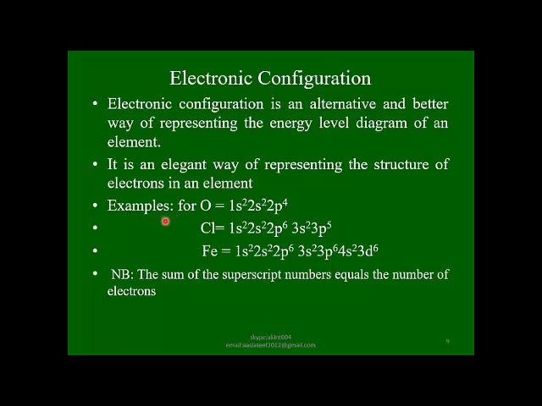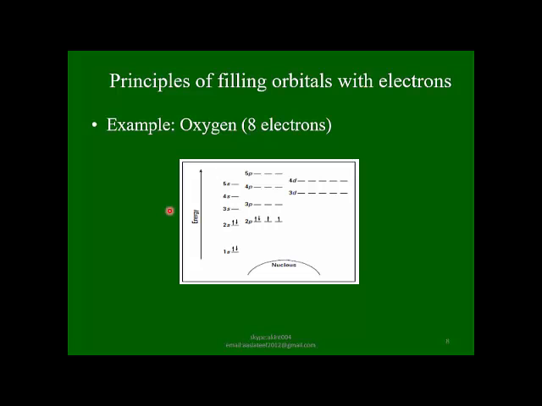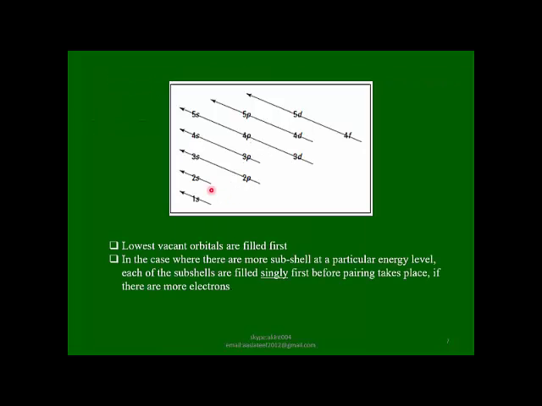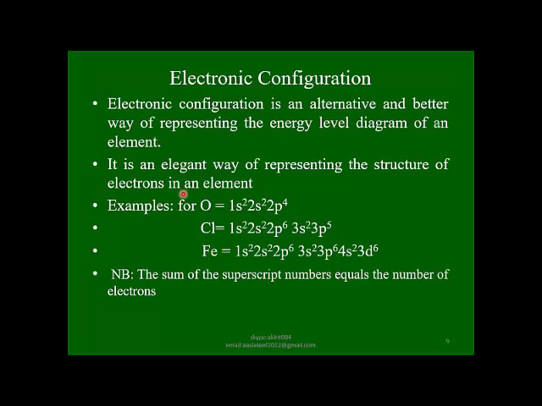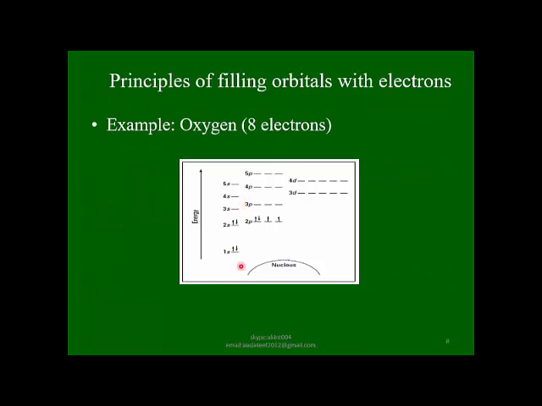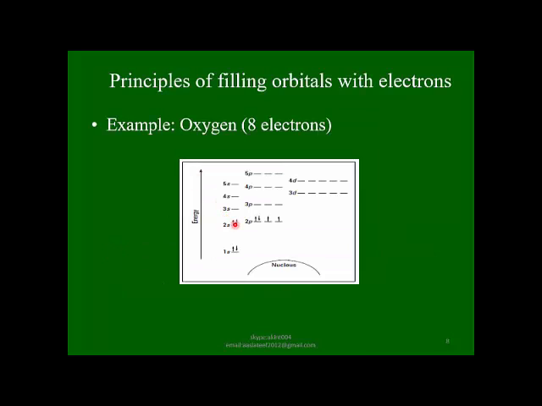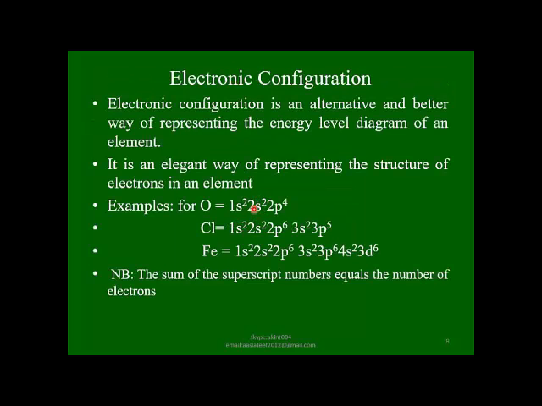Let us now do the examples. For oxygen that we have done here, let us now repeat it here. We should not forget that we have to start with 1s. This is 1s. s contains 2, as it's containing 2 here. Then we go to 2s, as we have here. 2s contains 2 also.